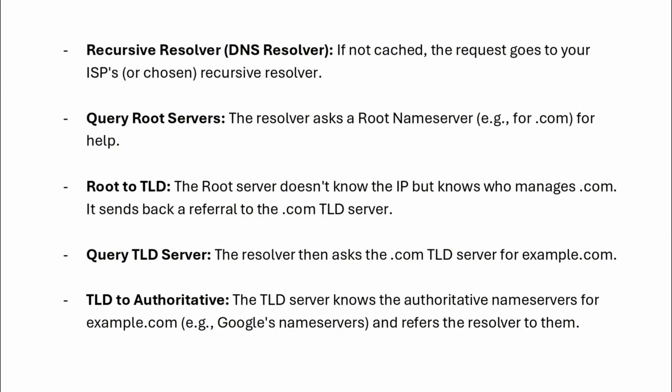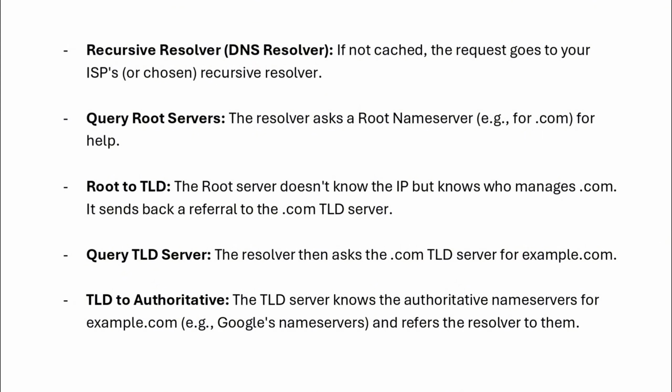Then the TLD server knows the authoritative name servers for example.com, for example Google's name servers, and refers the resolver to them. So in the step from TLD to authoritative, the TLD server doesn't have the exact information. The authoritative server is the actual place where your domain name service is located.